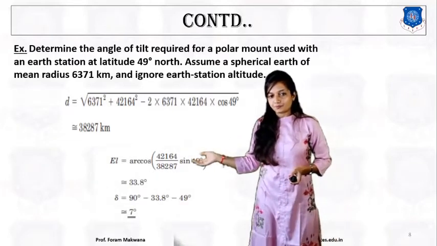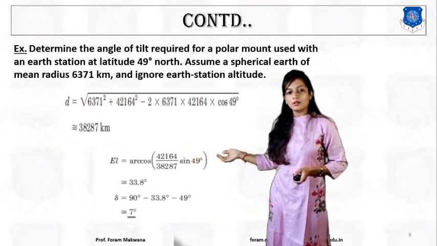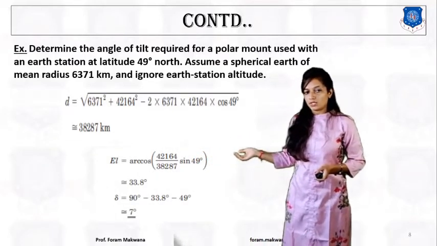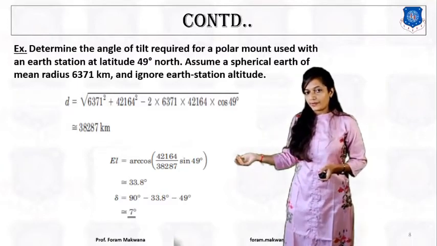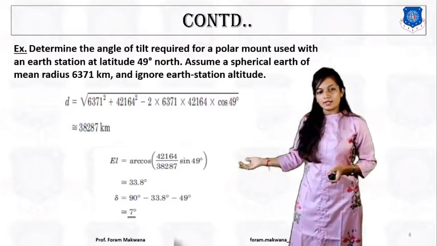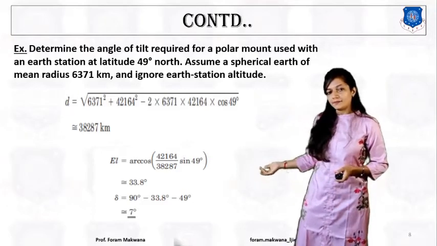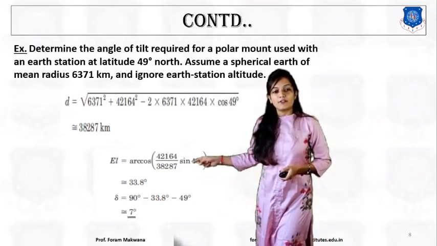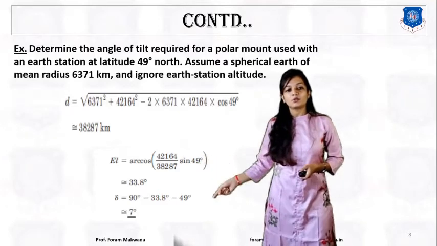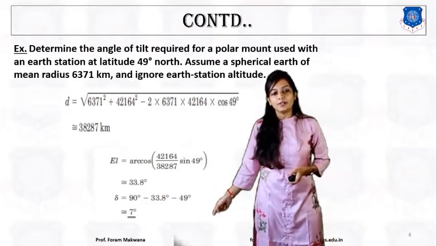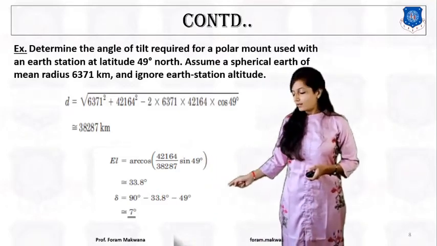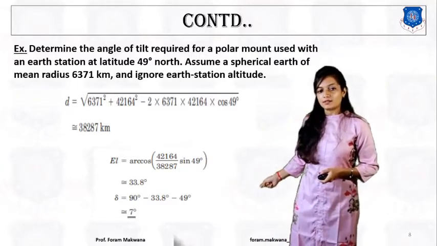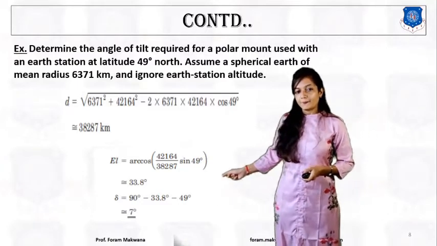What is EL? Cos inverse of 42,164 kilometers divided by d into sin b. So we are able to calculate the value of the elevation angle. From this value of elevation angle, we are able to calculate the angle of tilt: 90 minus elevation angle minus lambda e.